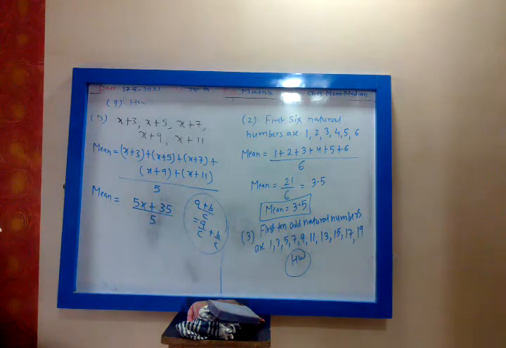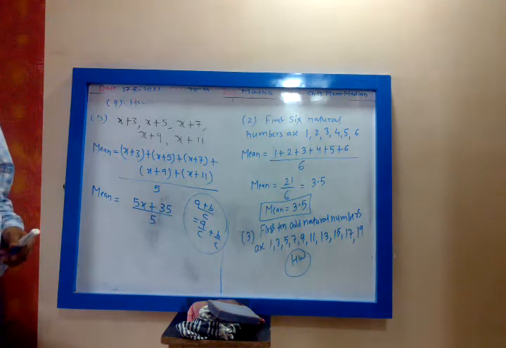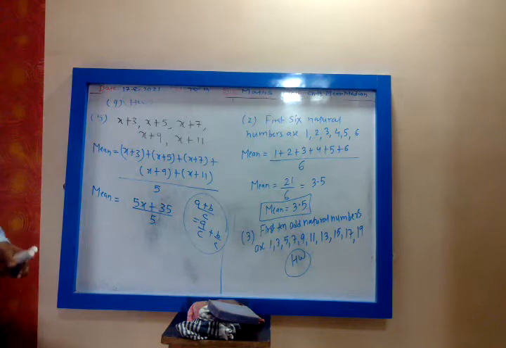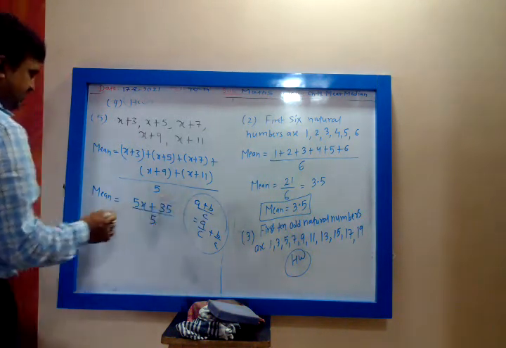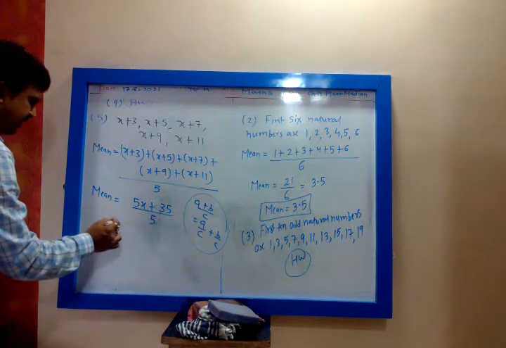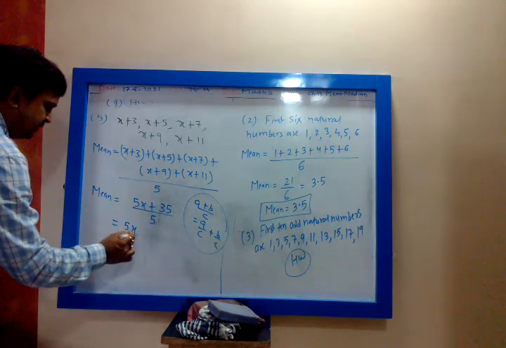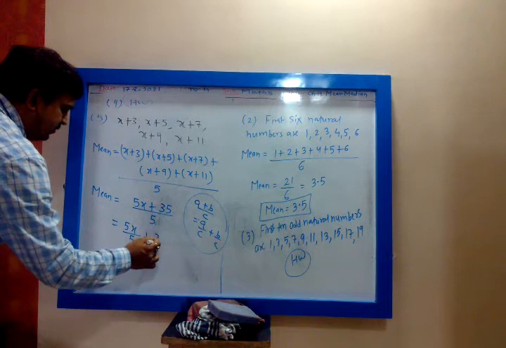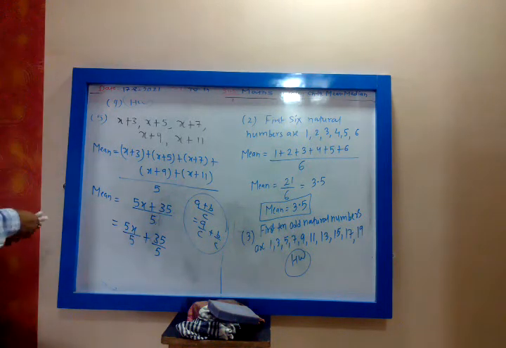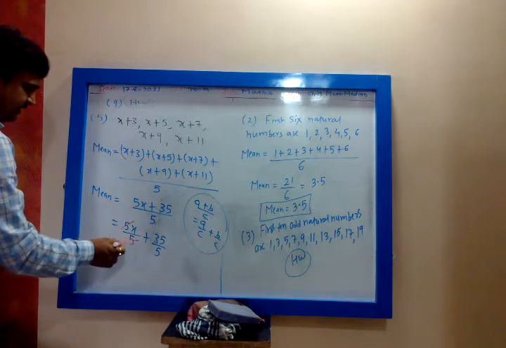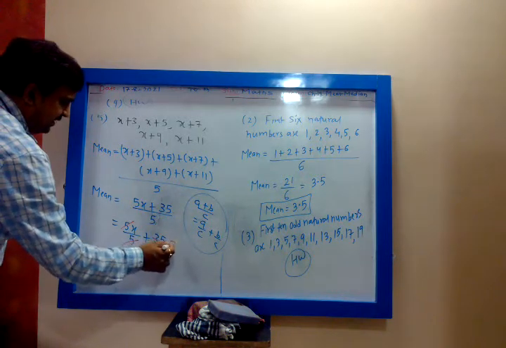Whenever there is one term in the denominator and two terms in the numerator, you can divide each term of the numerator by the denominator. A plus B by C, I can write A by C plus B by C. So the mean value will be 5x upon 5 plus 35 upon 5. You can cancel, 5 gets cancelled. 5 ones are 5. 5 sevens are 35.